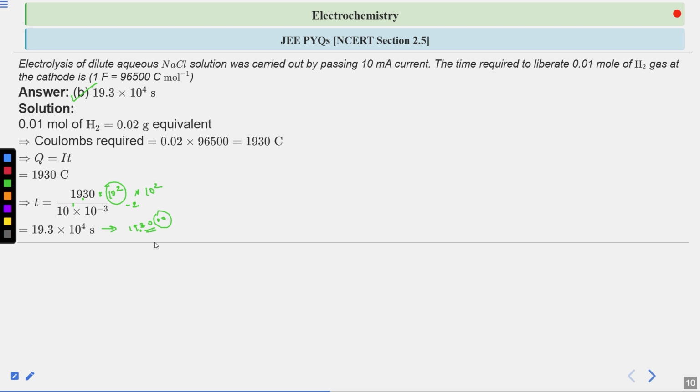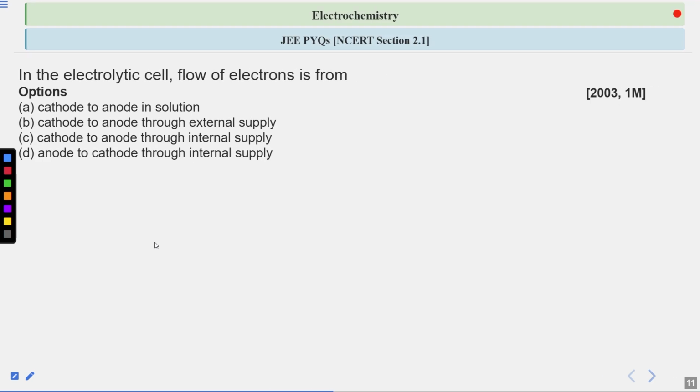Okay, now moving on to our next question. Now this is again a JEE PYQ question, and this is covering our NCERT section 2.1 in the electrochemistry chapter. The question is that in the electrolytic cell, flow of electrons is from.